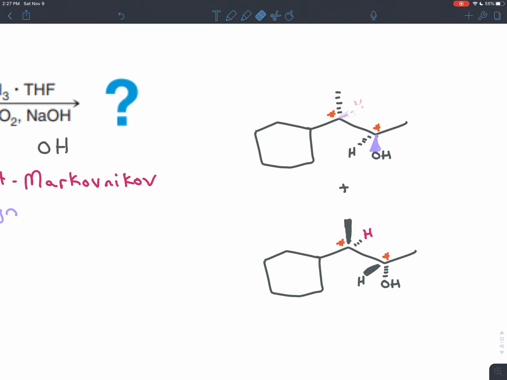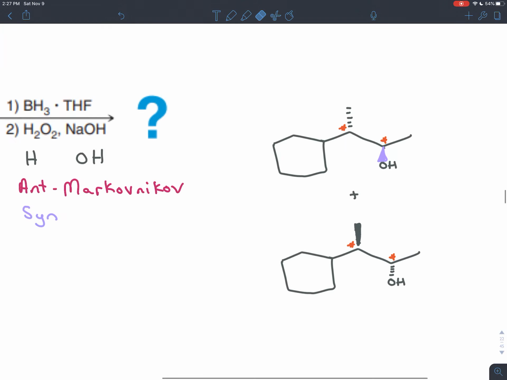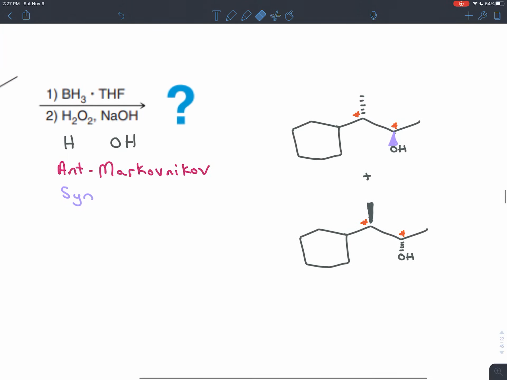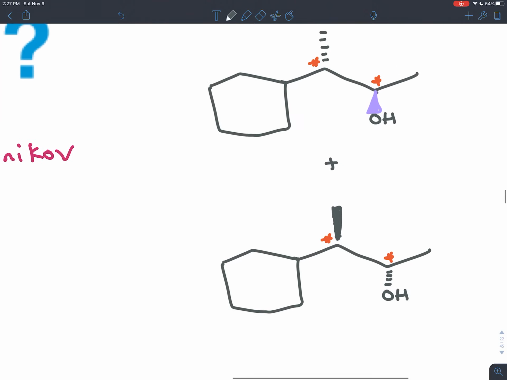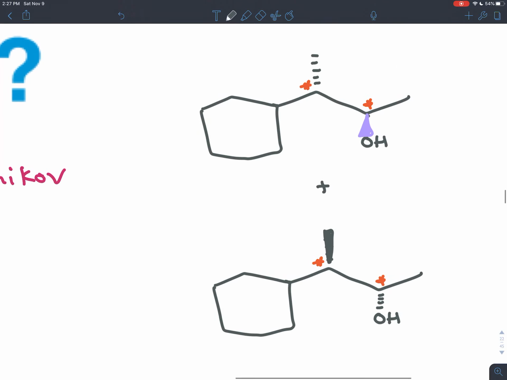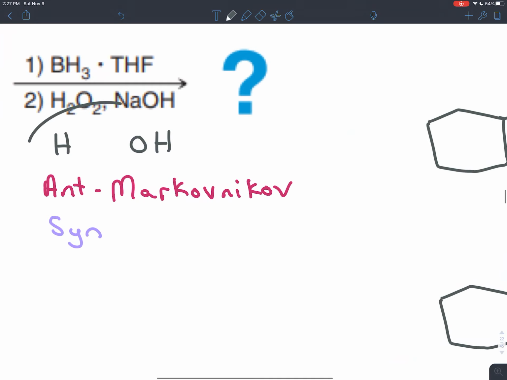Now, technically, you can erase the hydrogens. Those are implied in these skeletal structures. And so this is also a completely valid way of drawing the 2 products you would get with this hydroboration-oxidation reaction. Notice that, and this is sometimes confusing for students, notice that what is syn is the H and the OH.